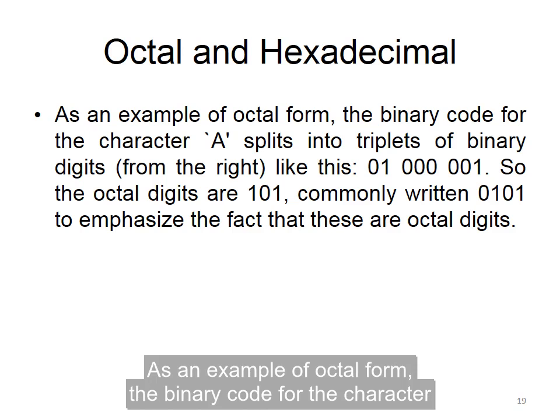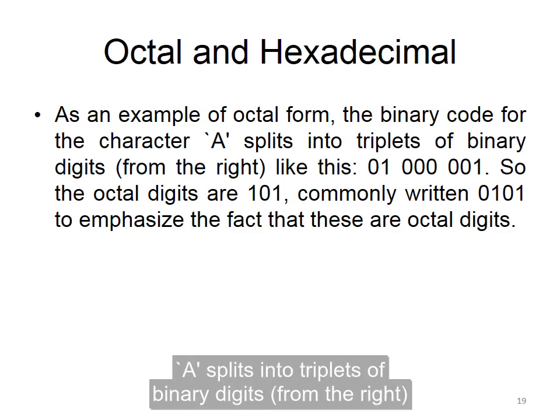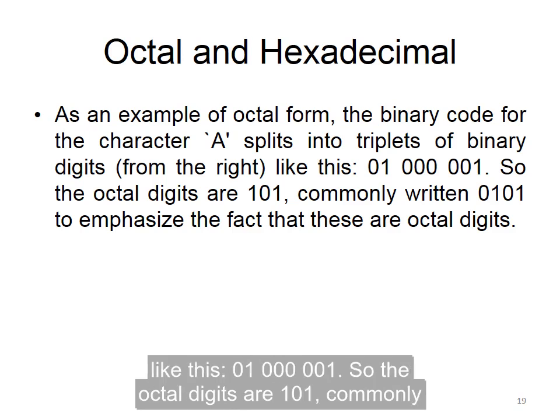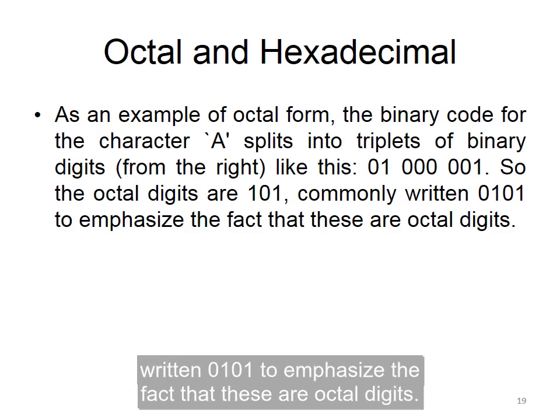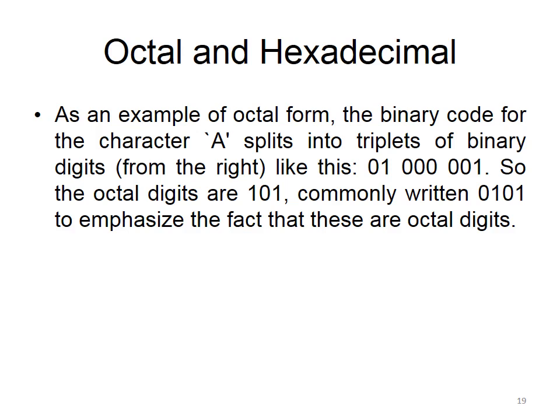As an example of octal form, the binary code for the character A splits into triplets of binary digits like this: 01, 000, 001, so that the octal digits are 101, commonly written 0101, to emphasize the fact that these are octal digits.